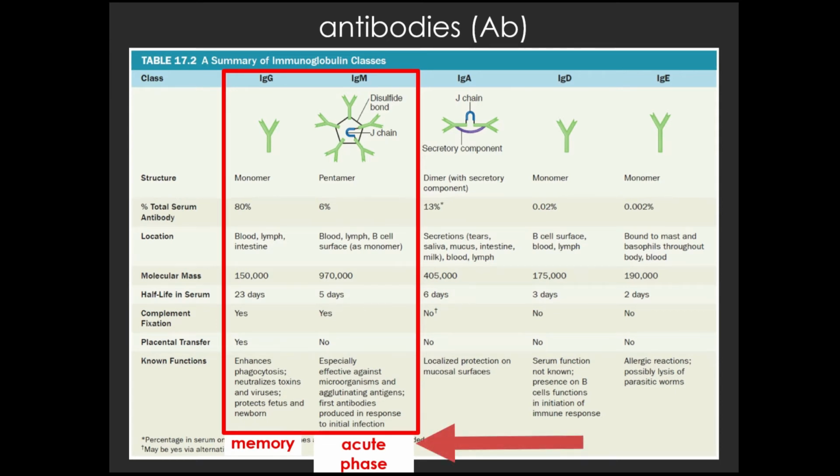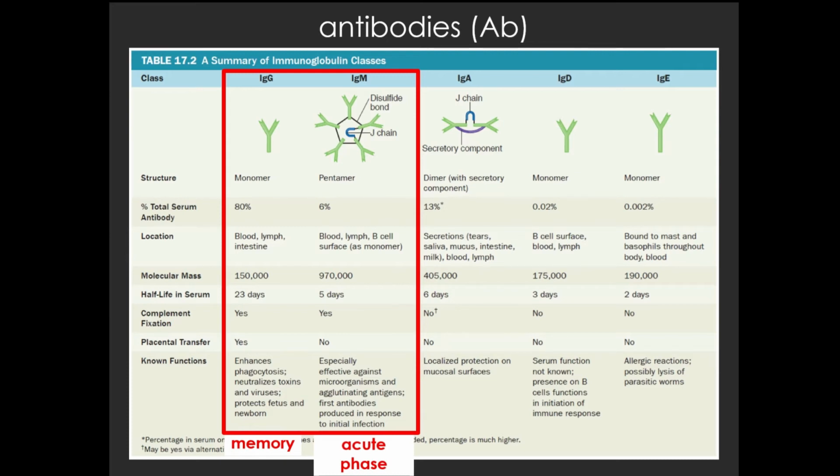IgG are the primary antibodies responsible for the memory phase of the immune system, and they are actually what gives the immune system its adaptable nature, because these memory antibodies that are produced in response to infection remain in the bloodstream for the remainder of your life and provide a protection that was not previously there.